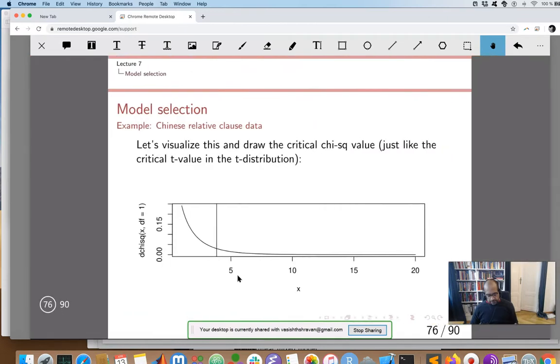Right, so that was just the likelihood ratio test that I talked about some lectures ago, and I've just visualized the chi-square distribution for you. This is 3.85 here, and this is my rejection point. So my minus 2 times the difference in the log likelihoods would have to be bigger than 3.85 for me to reject the null hypothesis.